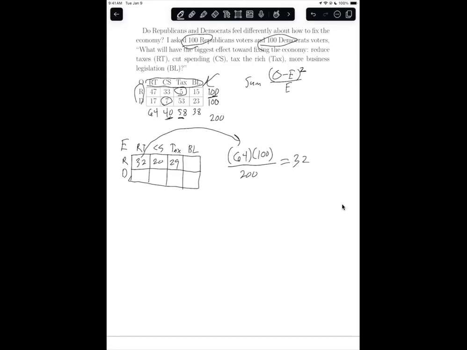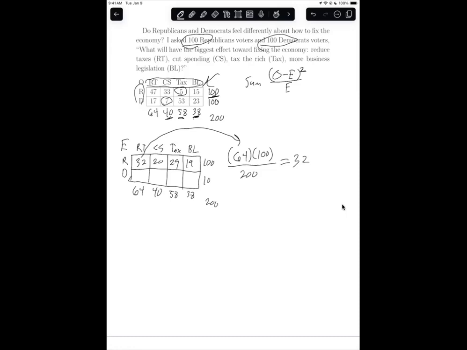And then 38 times 100 divided by the 200 gets me 19. So in all cases, we're taking these column totals times that row total, matching up, and dividing it by the total total. That's how we get the expected frequencies.